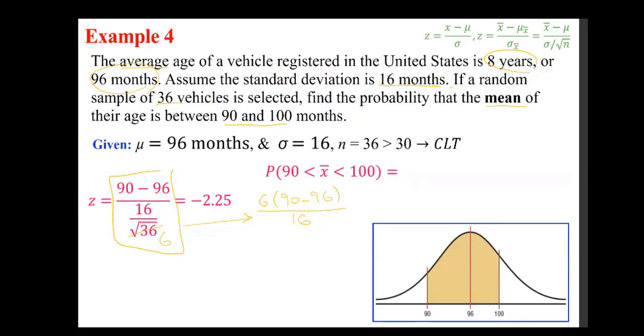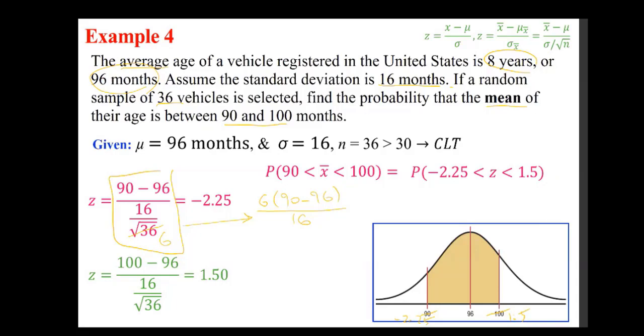We do exactly the same thing with the next one, number 100. We go through the process and we end up with 1.5. Therefore, the probability of X bar being between 90 and 100 becomes probability of Z between negative 2.25 and 1.5. In other words, I would go with the Z score and change this to negative 2.25 and this one to positive 1.5.